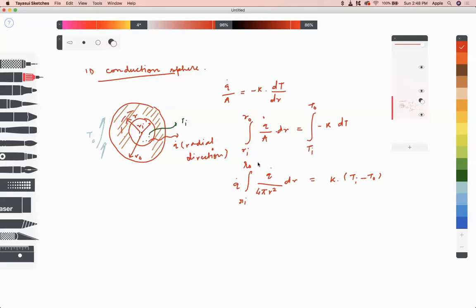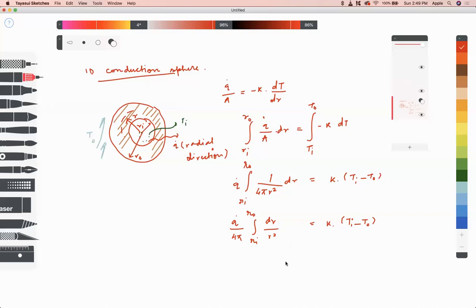Sorry, here I have written q. All right, so now Q dot by 4 pi will come out, and all that is left is r square, and this will be ri to r naught. So it will be k into Ti minus T naught. And what is the integration of 1 by r square?